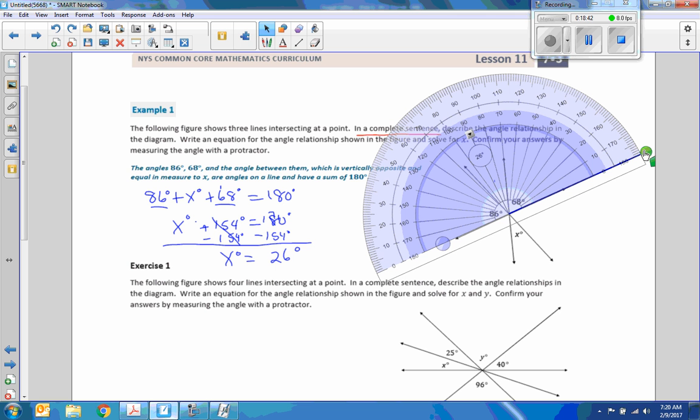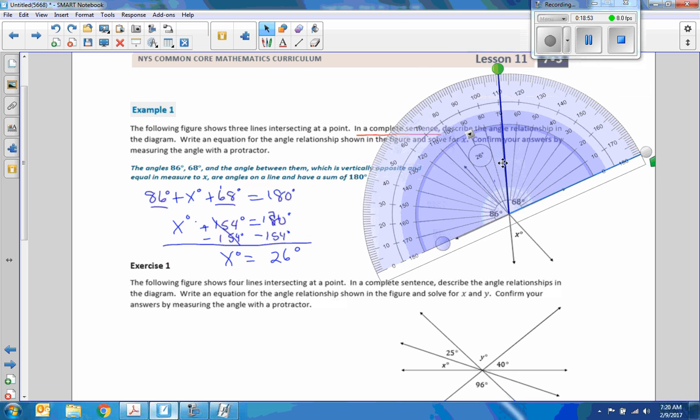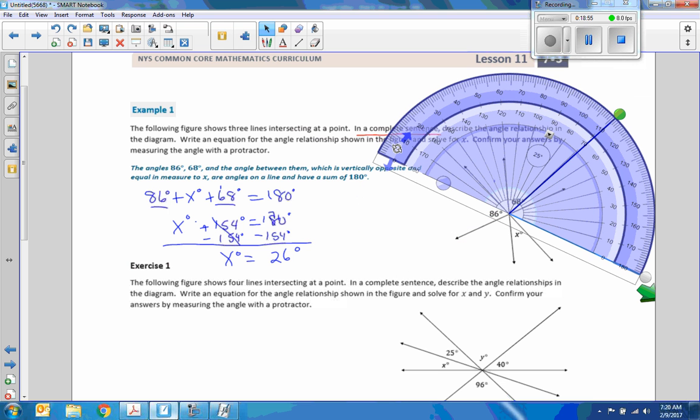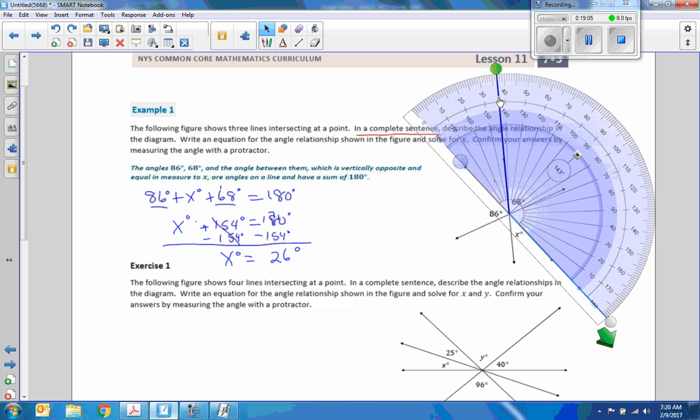And then rotate this around. And then I don't want to be on the straight line. I want to measure this angle here, this one here. So that means I want to rotate it so that this is like this. So I'm on one of the rays of the angle, and this goes to the other.